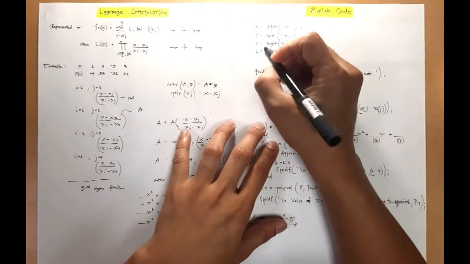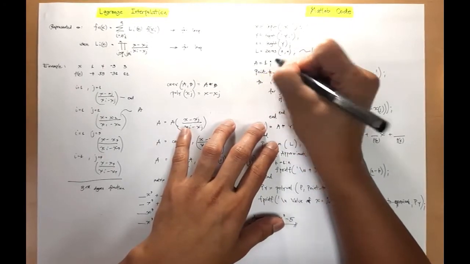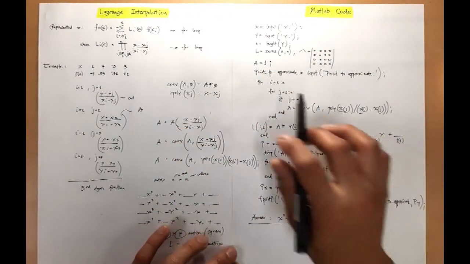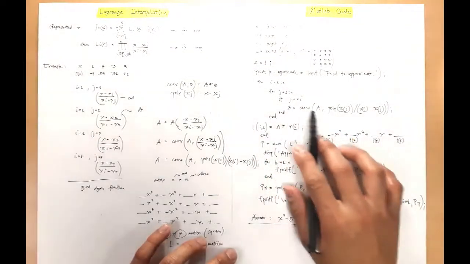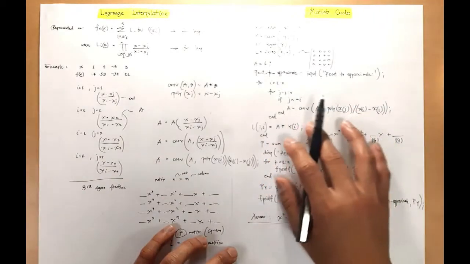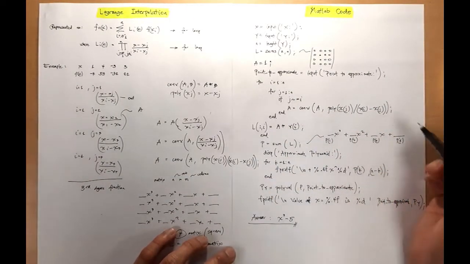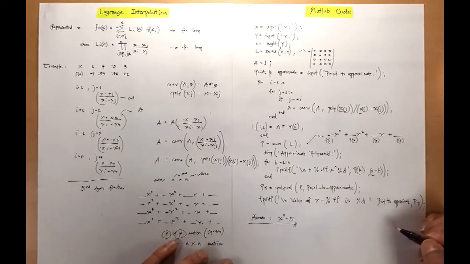So we have to introduce first what a is. That is equal to 1 as initial value. We cannot use 0 because it will multiply 0 to a polynomial, then the value of the iteration will be all equal to 0. I think this is good. Now let's see in MATLAB how the code works.